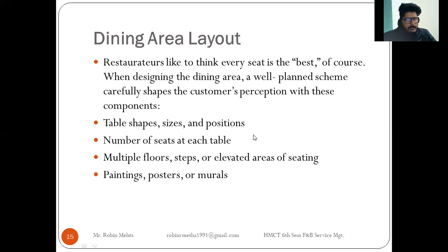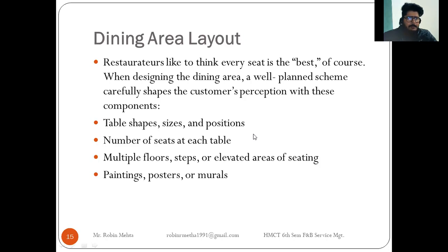But for the customer, by the customer's perception, we can't say whether it is the best or not. So we have to design carefully, keeping in mind that the table shapes we prefer, and the size and positions of those tables, should be at an accurate place.